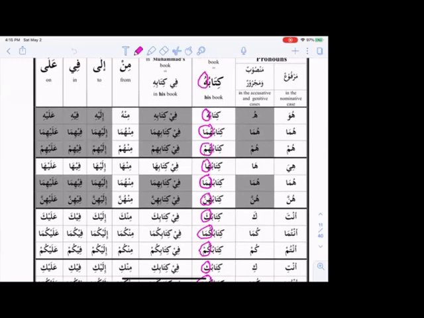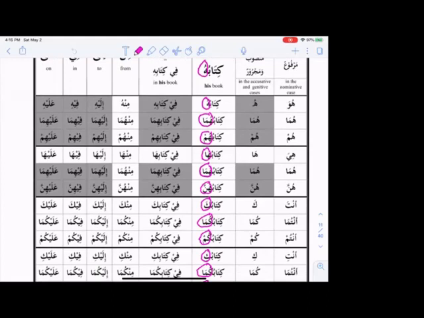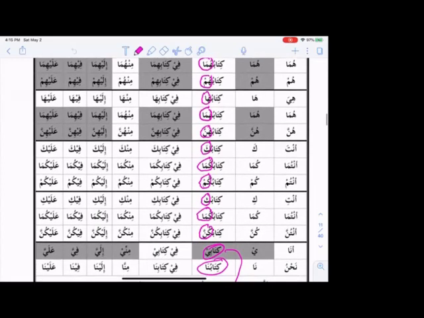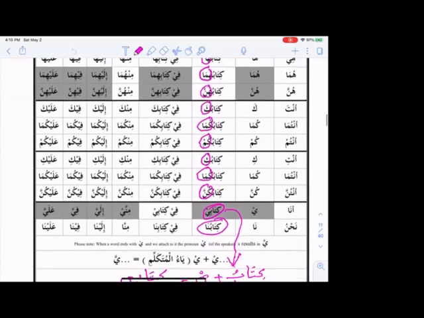Kitabuhu, kitabuhuma, kitabuhum. Kitabuha, kitabuhuma, kitabuhunna. Kitabuka, kitabukuma, kitabukum. Kitabuki, kitabukuma, kitabukunna.